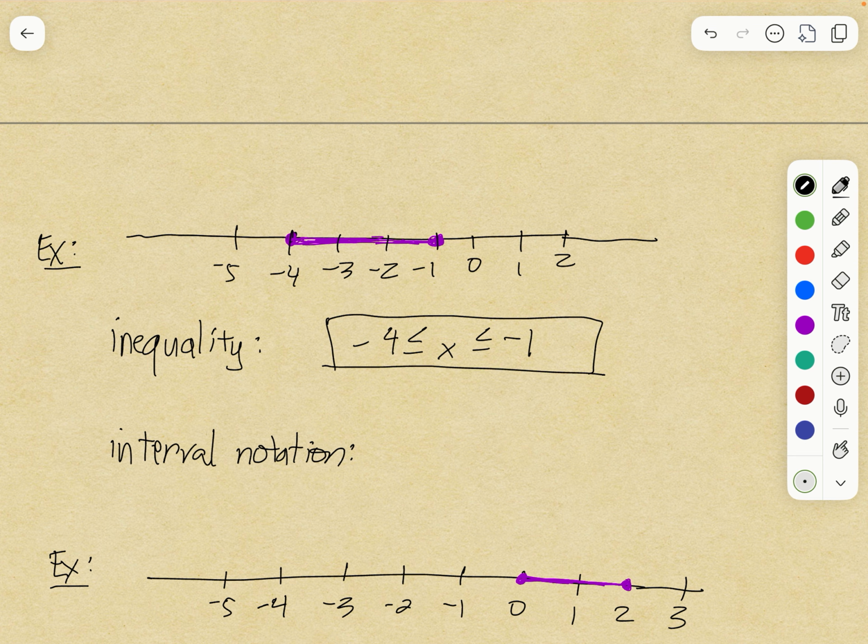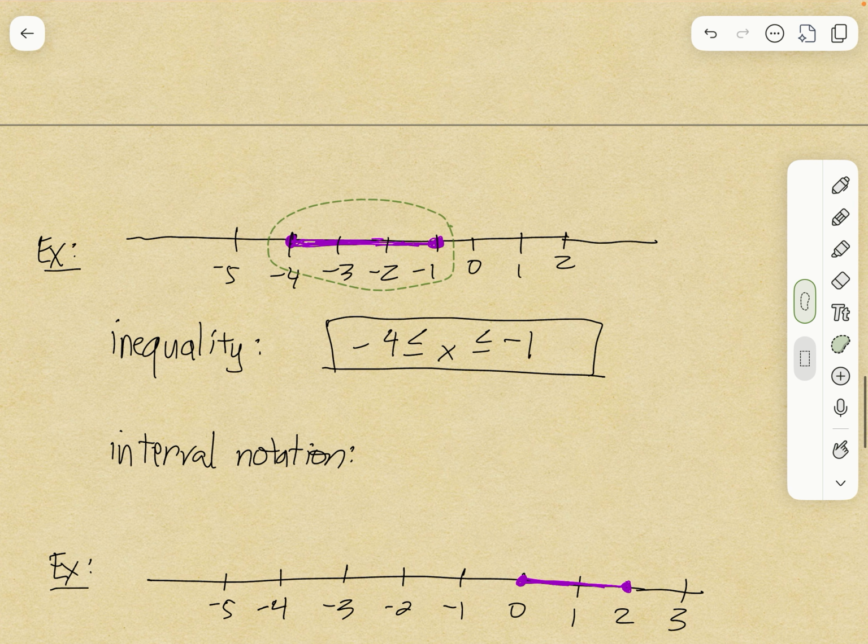Okay, what is it in interval notation? Well, you want all the numbers from -4 to -1. And in interval notation, you always want to go from left to right. So look at this interval. What is the leftmost number that's in your interval? -4, right?